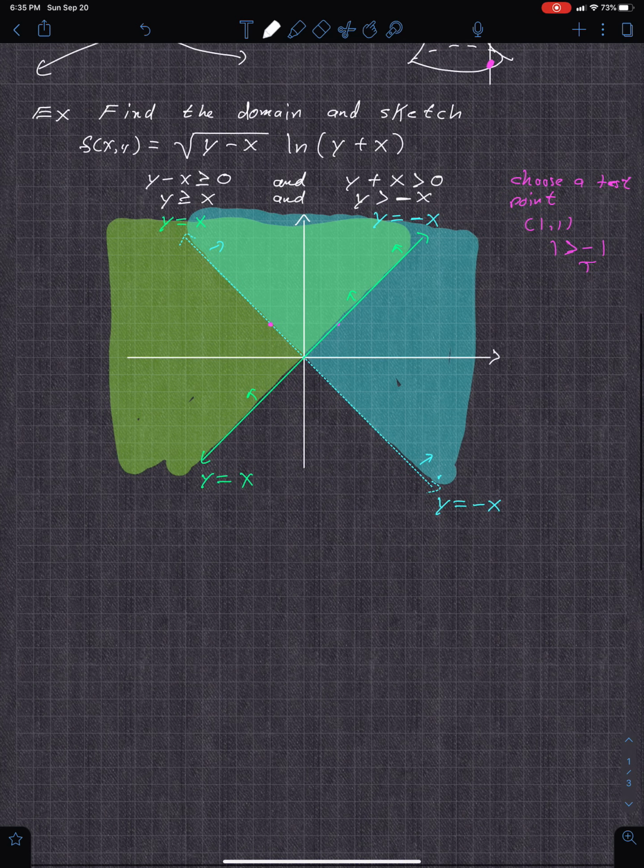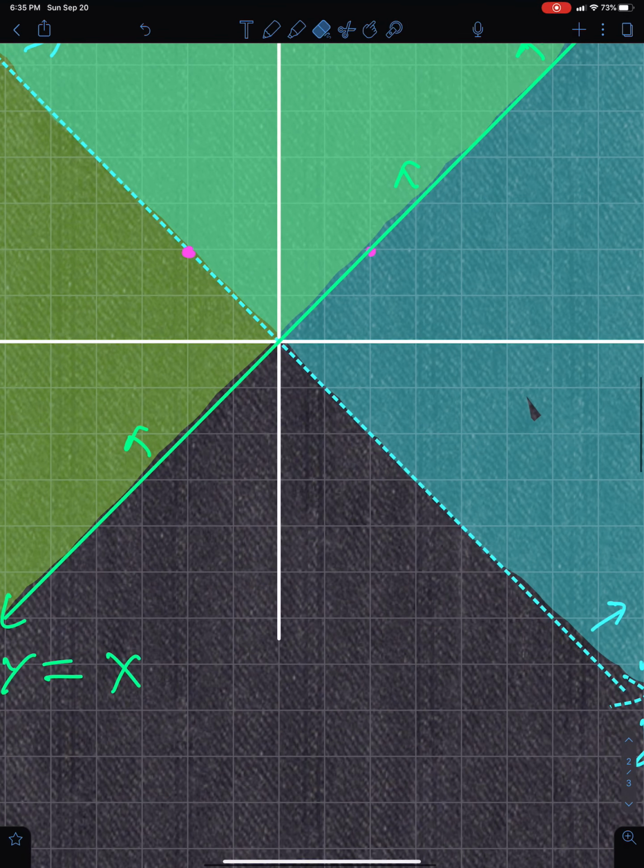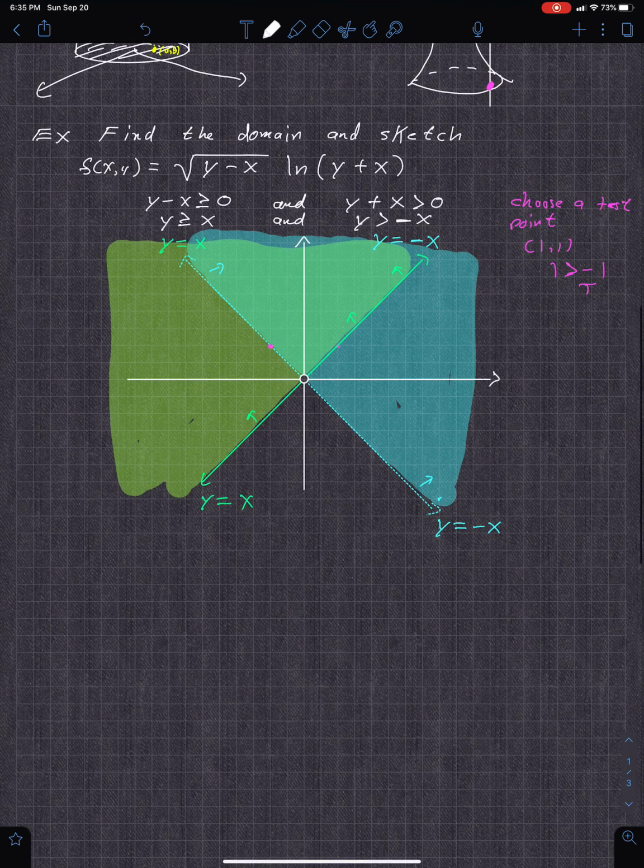So we need to make that a circle, because natural log of 0 is undefined, right? So you can't have natural log of 0. So we're going to erase that. That should be an open circle. Okay, looks good. So that's the domain.